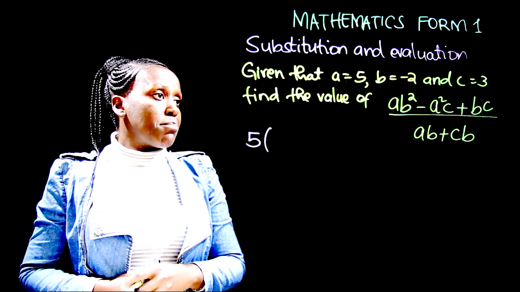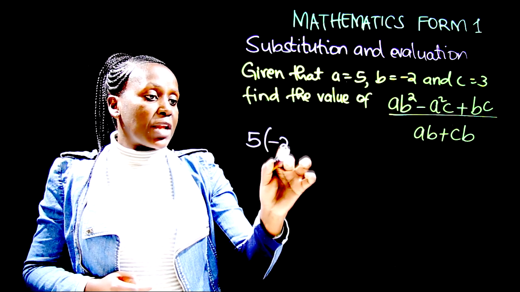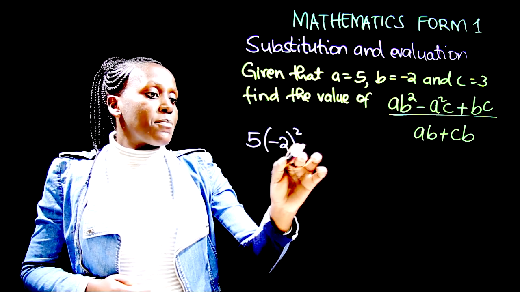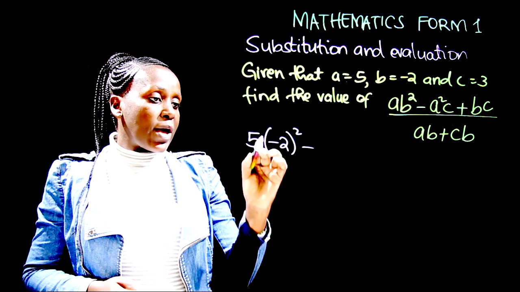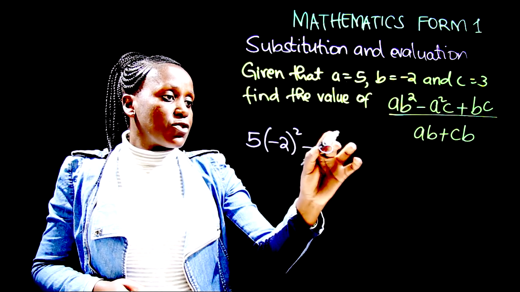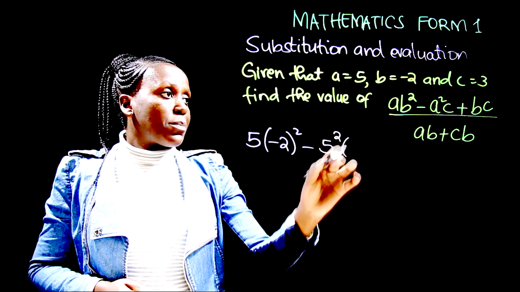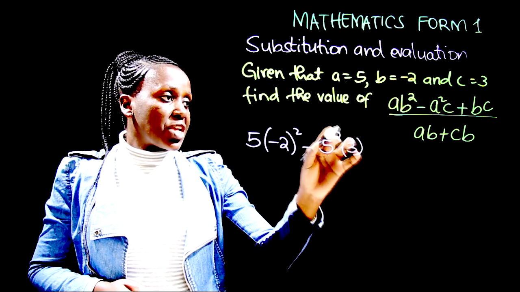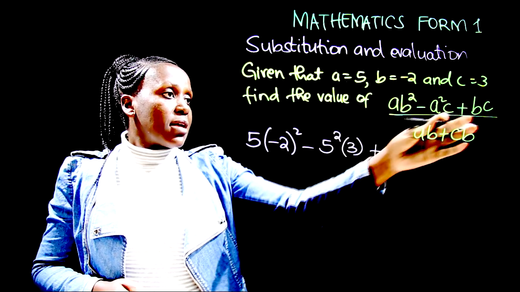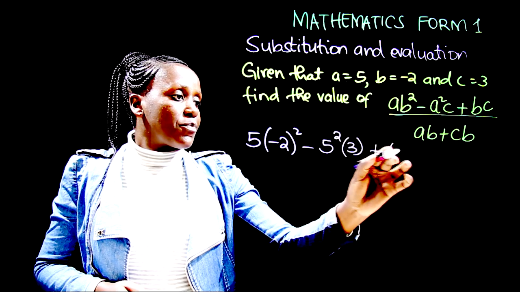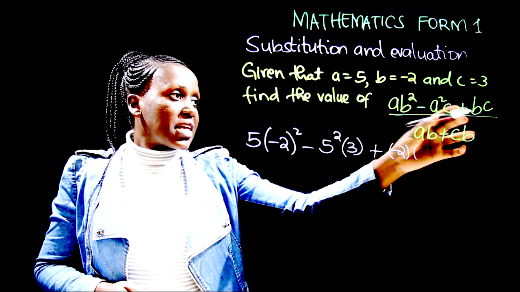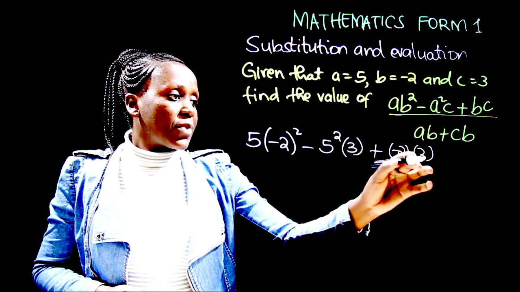We multiply by b squared, so -2 squared, minus a squared. a is 5, so 5 squared, multiplied by c, which is 3, plus b. b is -2, multiplied by c, which is 3.